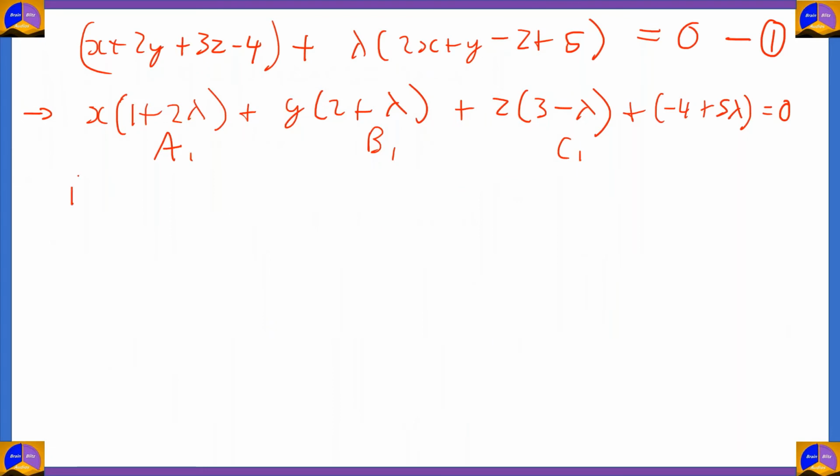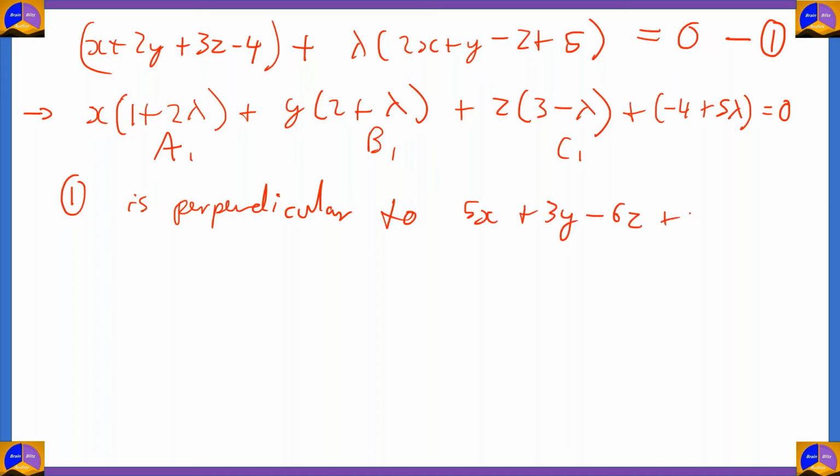So equation 1 is perpendicular to the plane 5x plus 3y minus 6z plus 8 equals 0. Let's take 5 as capital A2, 3 as capital B2, and minus 6 as capital C2.